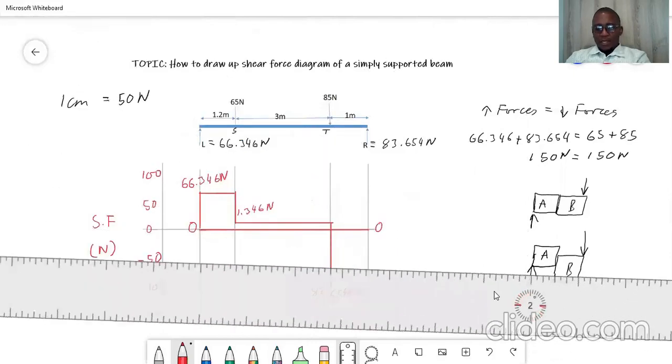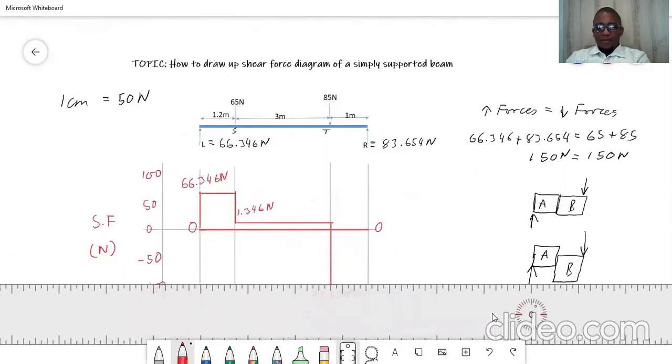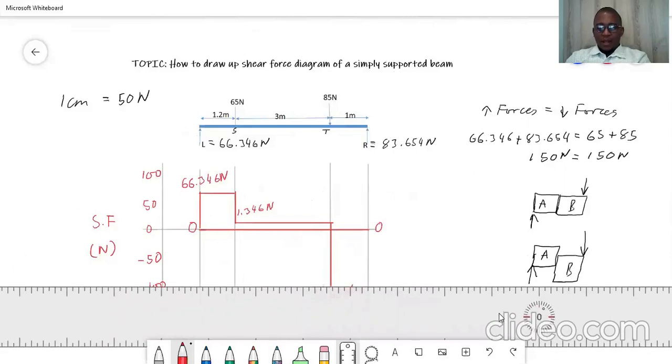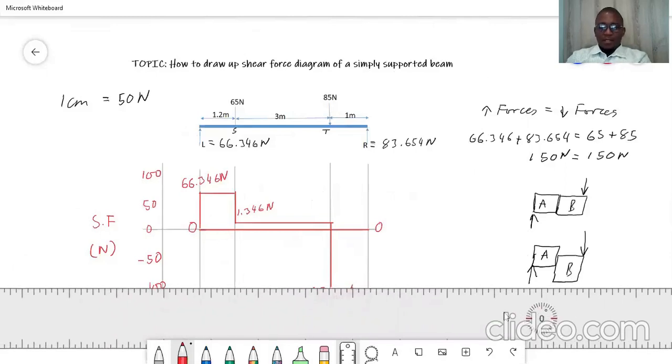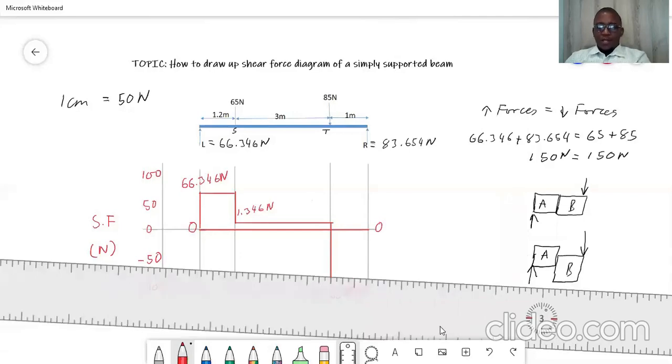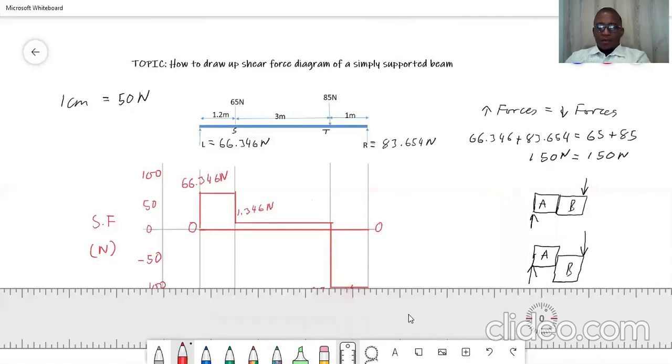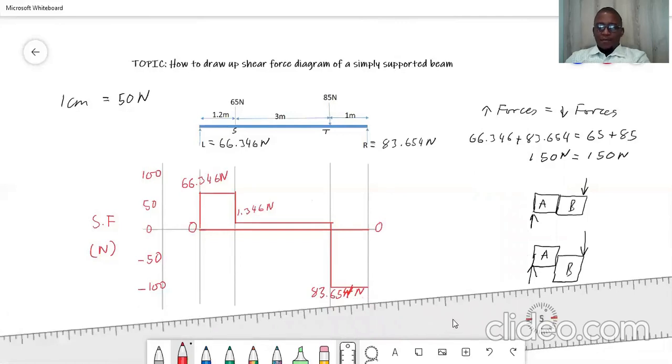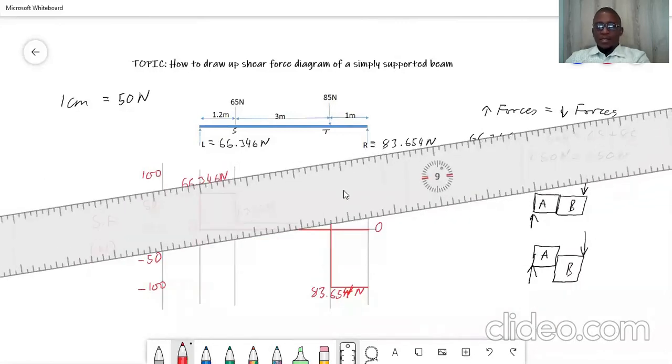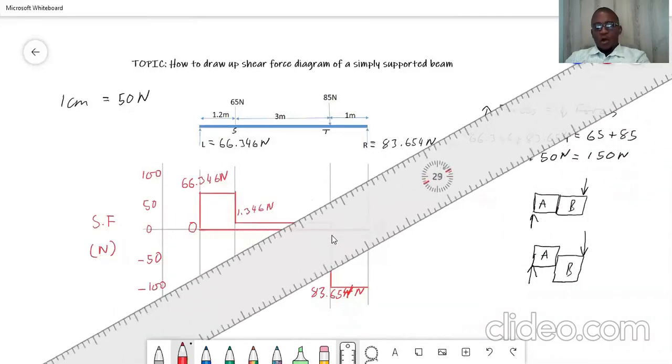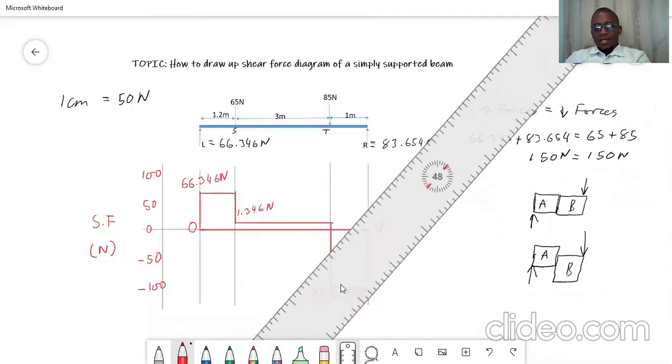So we just draw the straight line from that point till the end. At that point, you have 83.654, and that is negative.